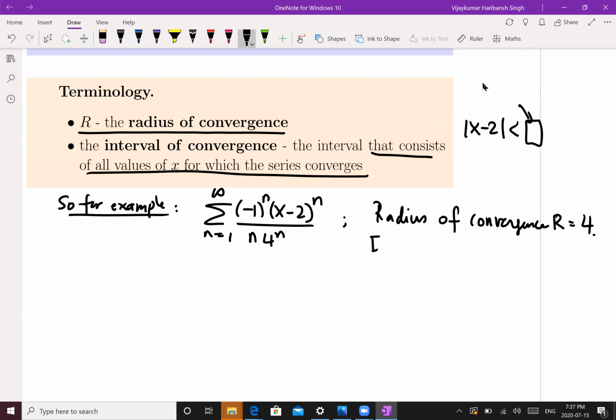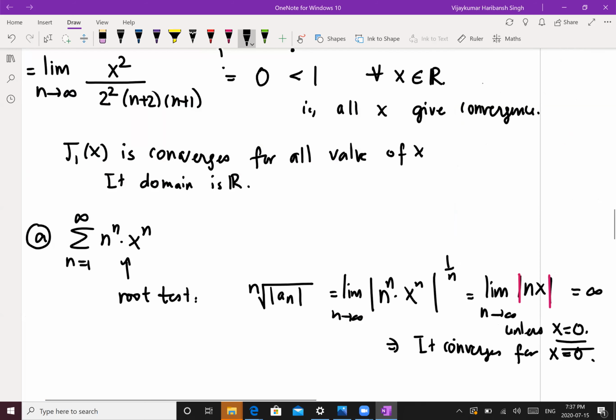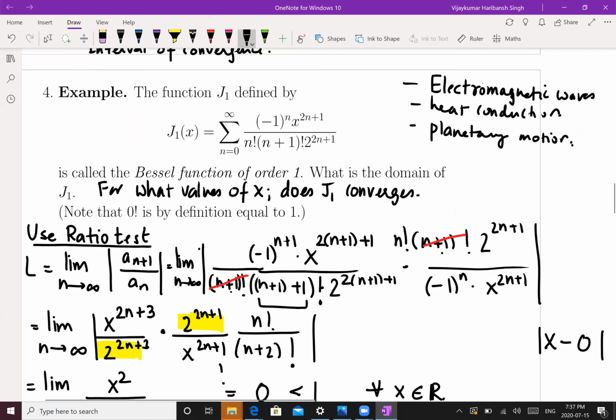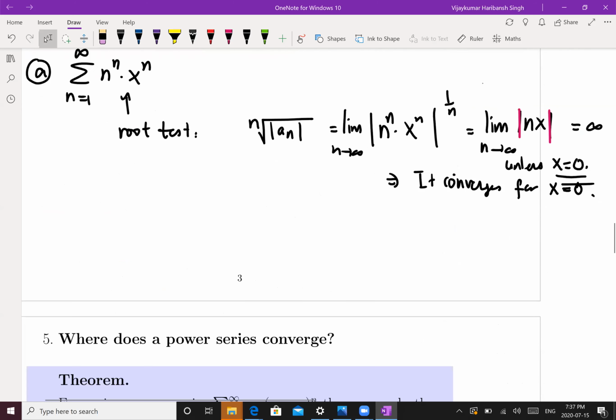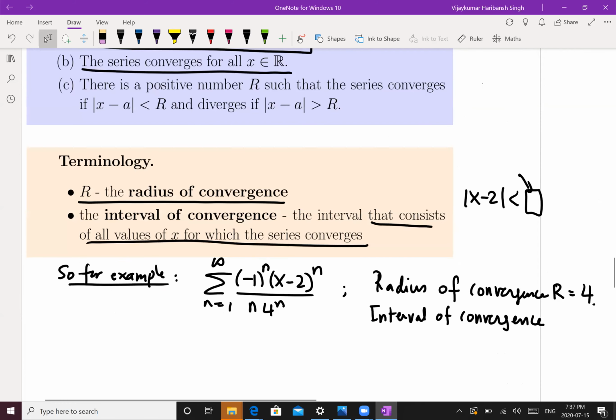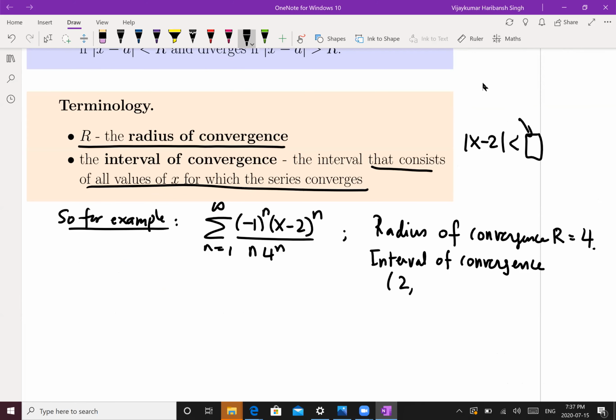And the interval of convergence was 2 to 6, 2 included, 6 excluded.